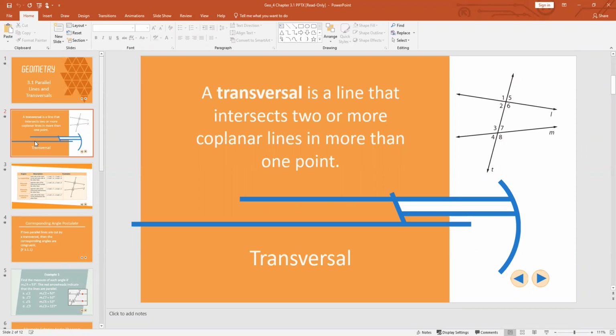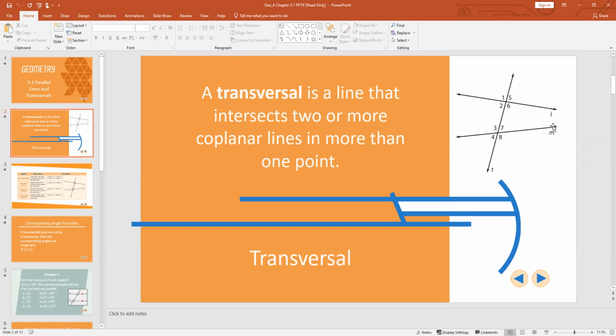We do have three, but only one is intersecting both of them. So which line here is the transversal? Line T. Therefore, what are the two coplanar lines that it's intersecting? Right, we've got line L and we've got line M.